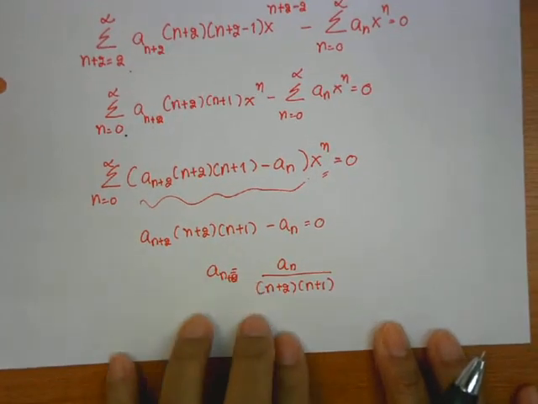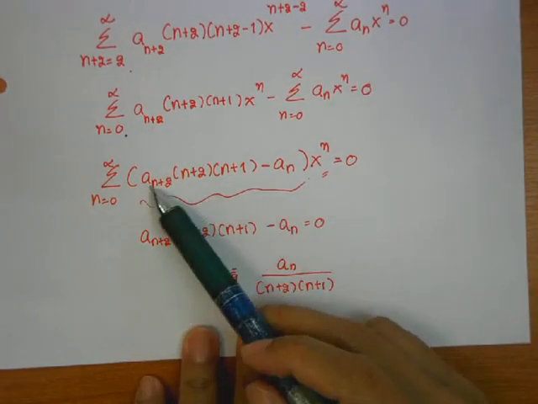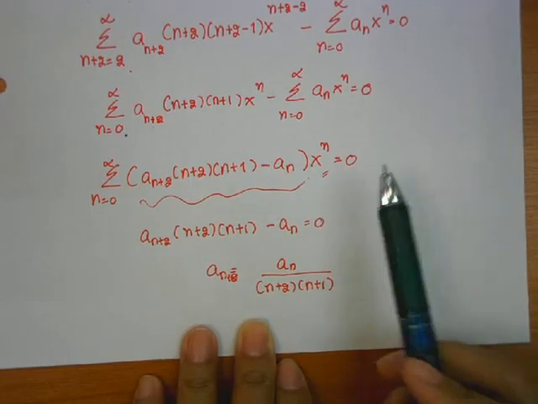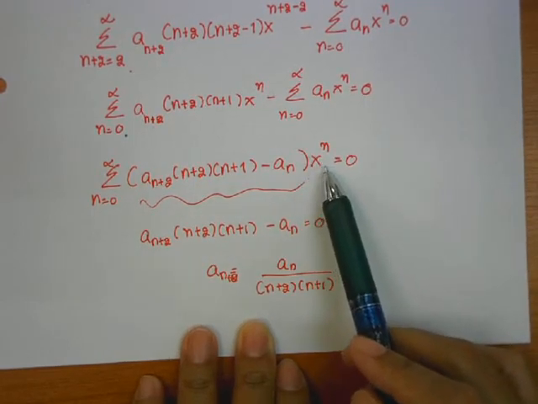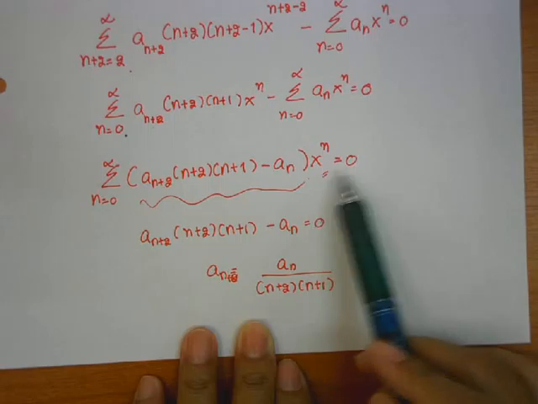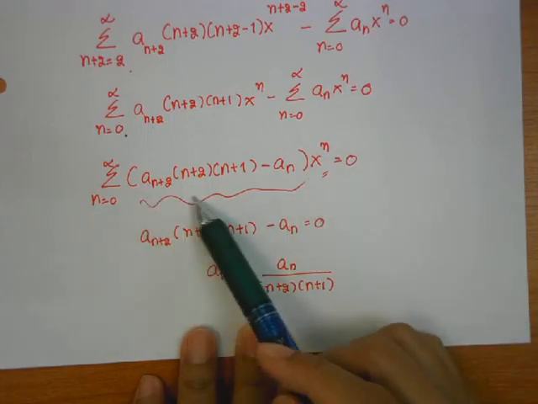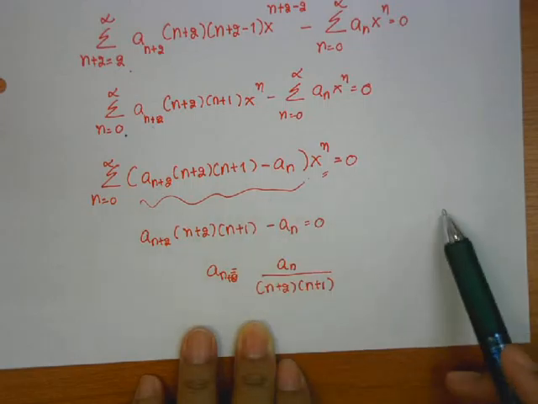Now, in order to find the condition which satisfies this equation, this equation would be correct if x to the power n equals 0 or the term in the parentheses is equal to 0.